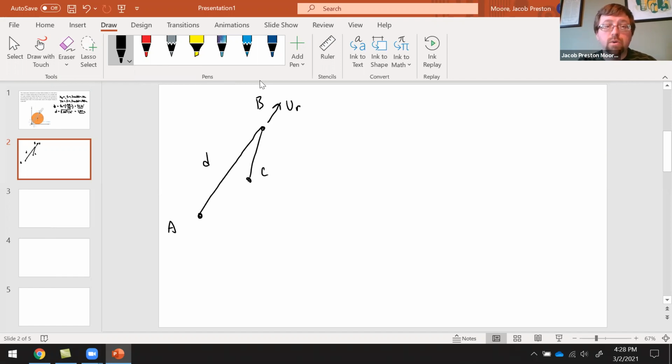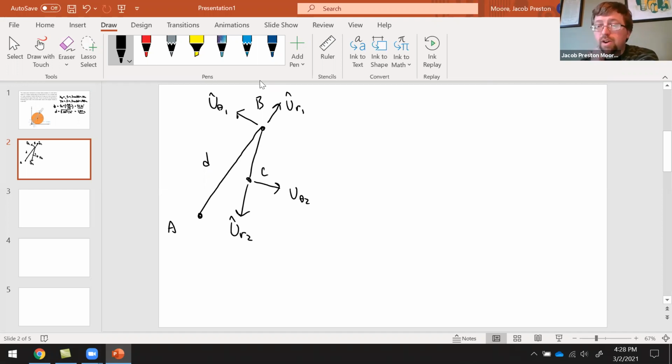So U R1, and then 90 degrees off of that would be U theta 1. Going from B to C, U R2, and then 90 degrees counterclockwise, I'm going to go out this way, is going to be U theta 2, like so.